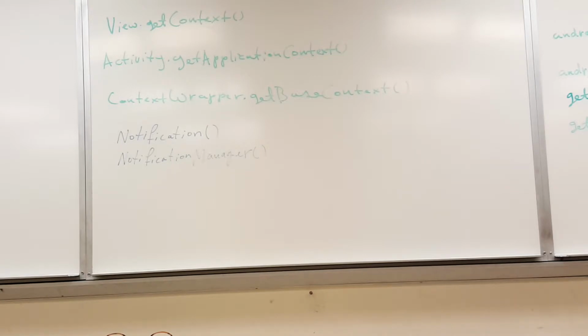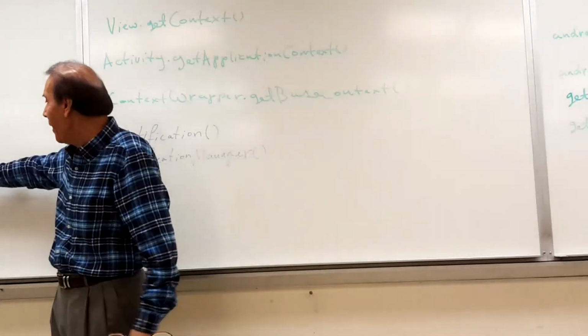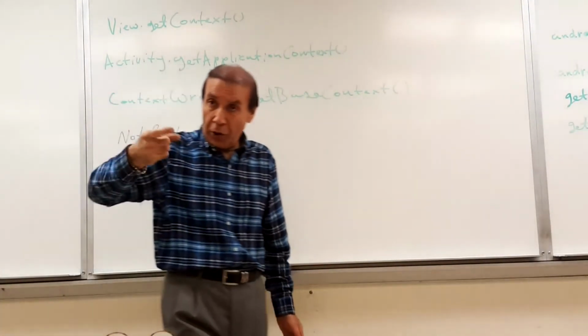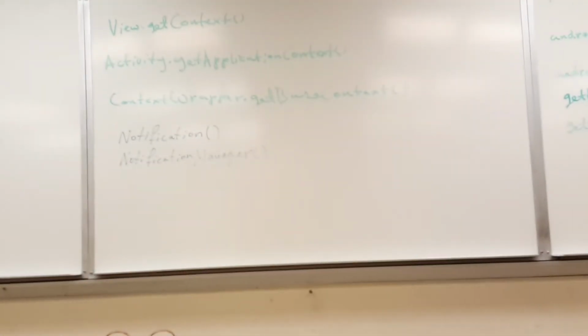So when the temperature got higher than a certain degree, we created a notification to inform the user that the cell phone is about to melt. And we also provided the pending intent so that if the user clicks on that, certain hardware or software devices are turned off.